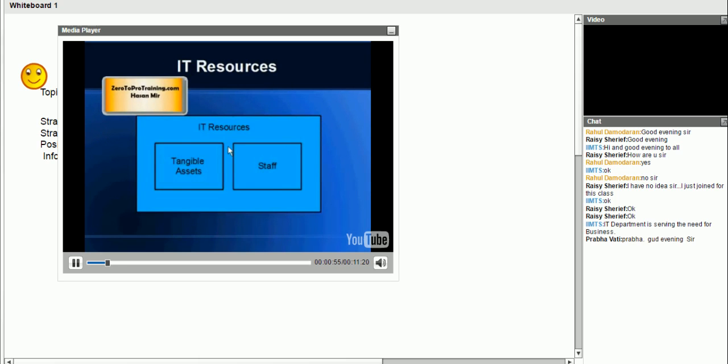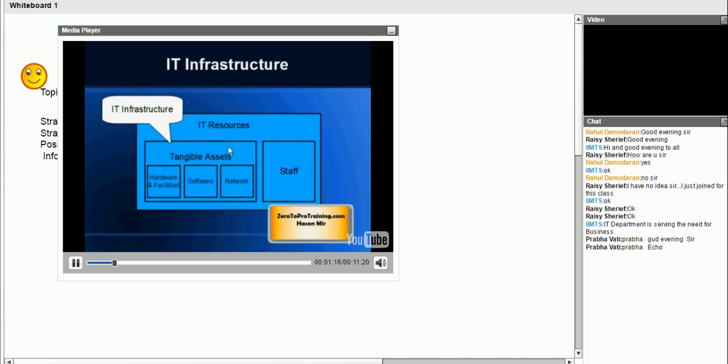When we use the term IT resources, what does that actually mean? So the term IT resources entails both entities: tangible assets that are owned by the IT department as well as the staff that is working to meet the needs of the IT department. I have explained the term IT infrastructure in detail in one of my other videos.